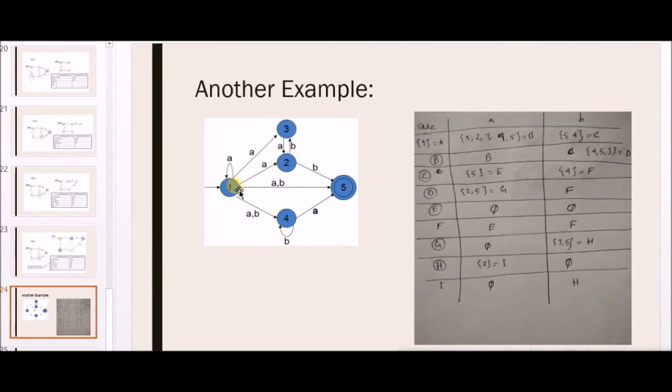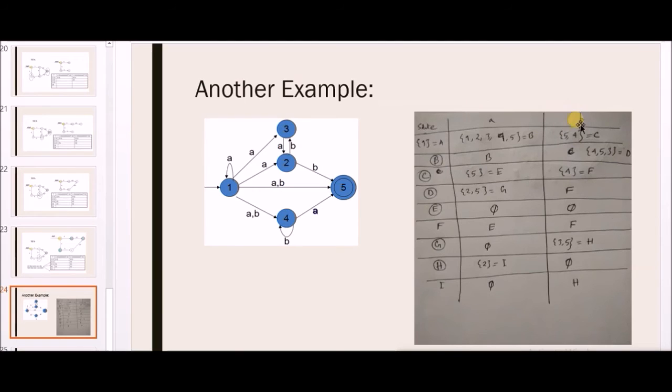From capital A, I will be able to go to the states number 5, 2, 1, 3 and 4 for alphabet small a.